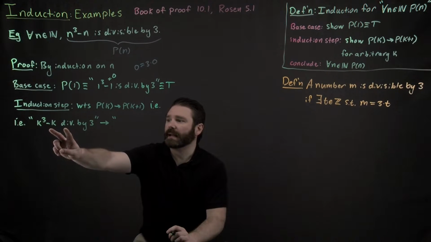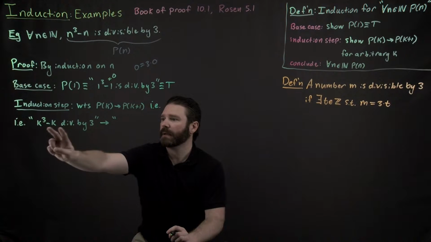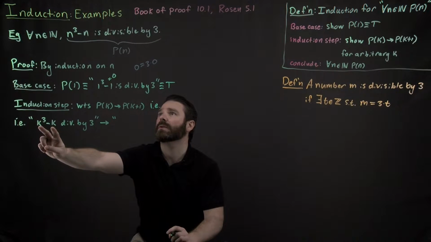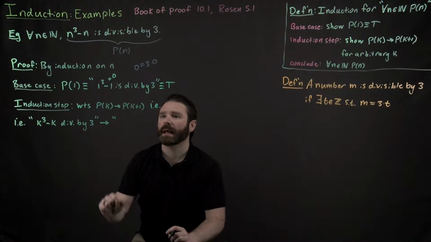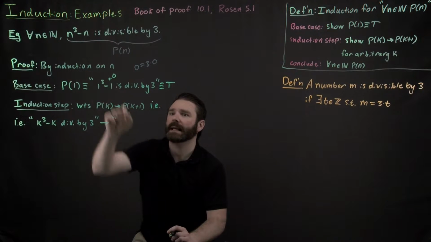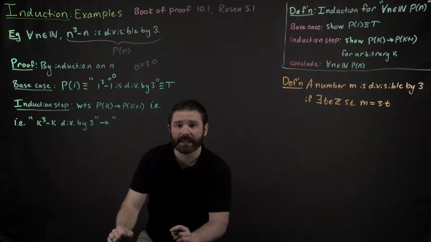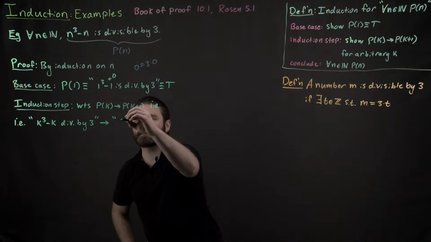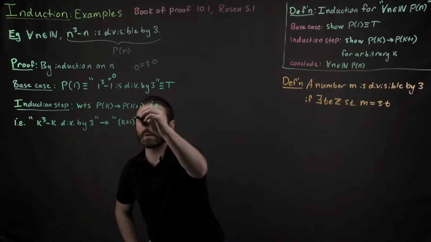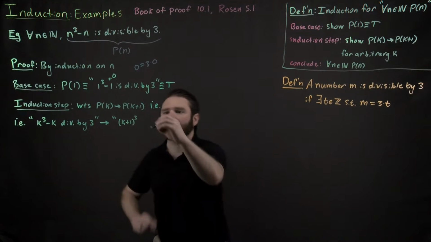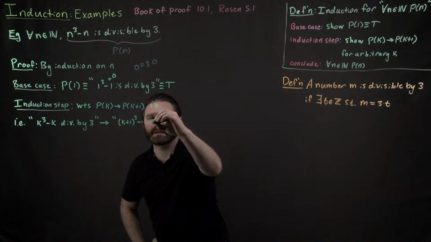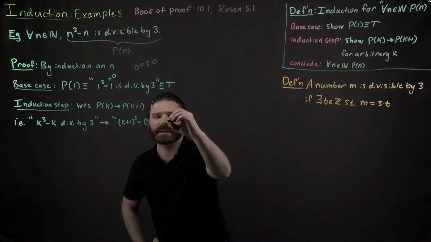On my left-hand side, I'm showing that P of k, so we plug in k for n. And on my right-hand side, I want to plug in k plus 1 wherever I see an n. So this will become k plus 1 cubed minus, and I insert in k plus 1 wherever I see an n.